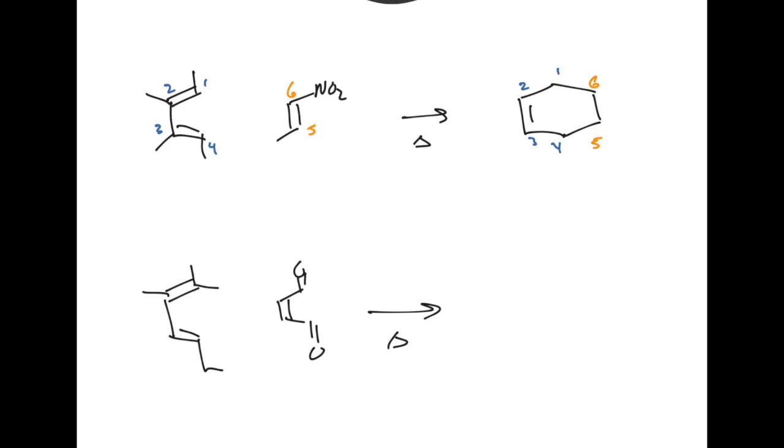Carbons 1 and 4 each have a methyl group, so they each need to have a methyl group in the product. Carbon 2 and 3 also have methyl groups, so they need methyl groups in the product. We have a nitro group on carbon 6 and a methyl group on carbon 5.